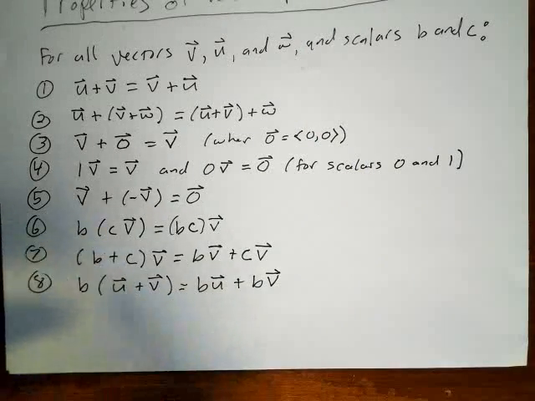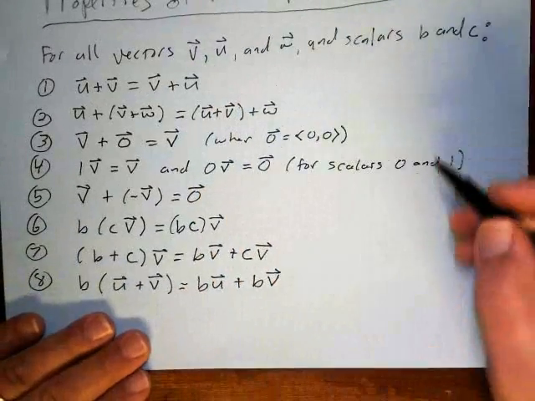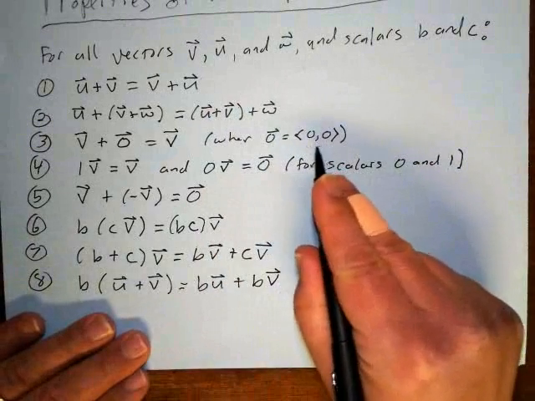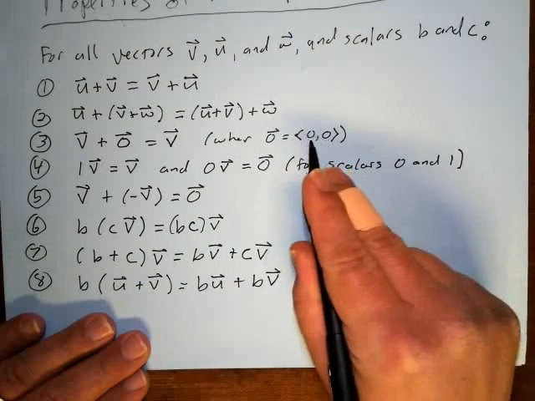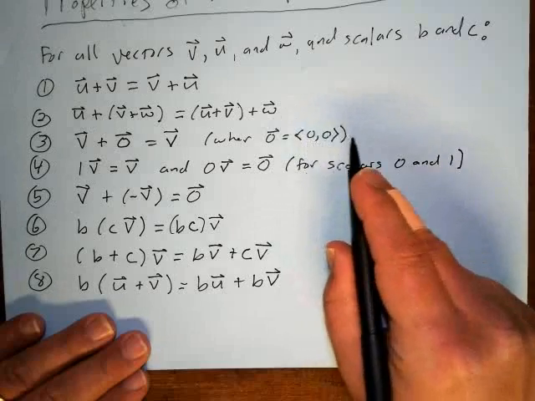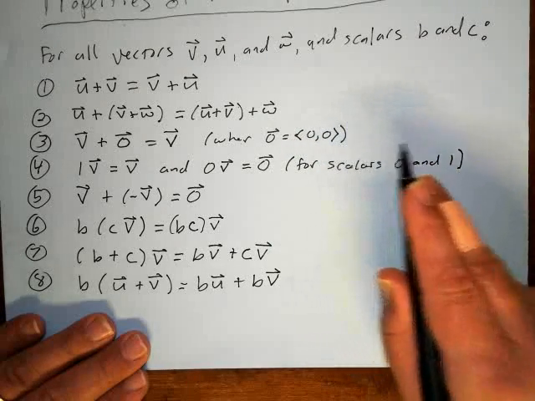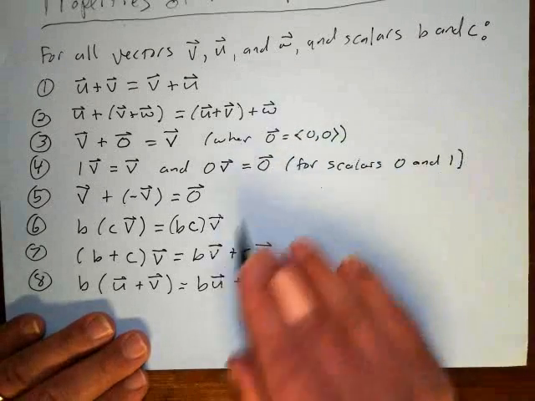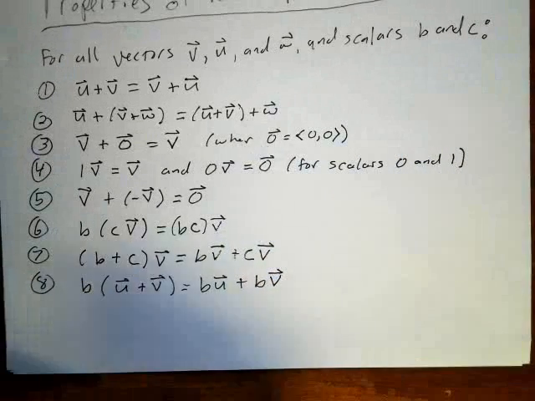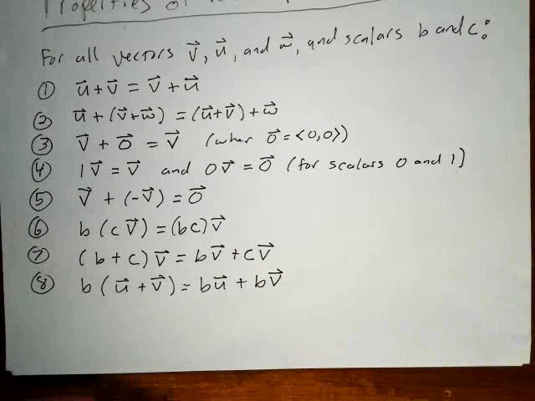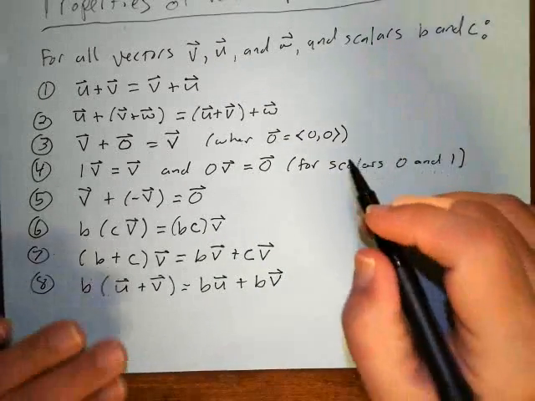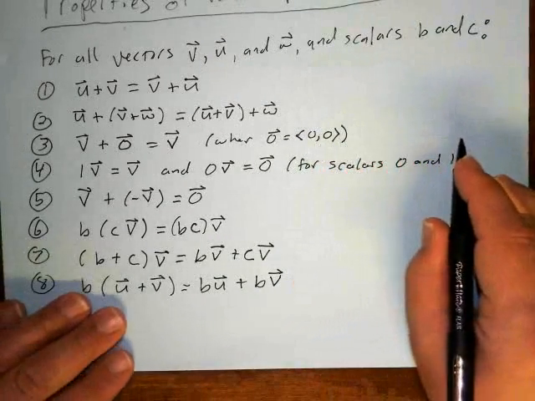This is a really abstract thing, because these vectors don't have to be components with 2 numbers in there. They could have 3 numbers or 4 numbers or 10 numbers. And if all these properties hold, you would get a vector space.